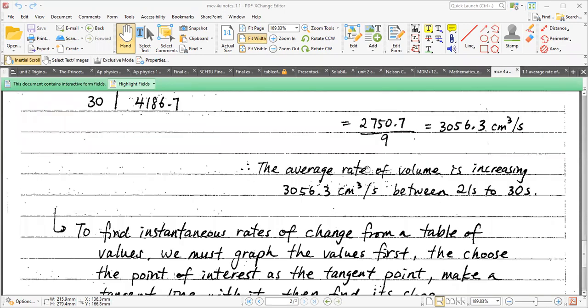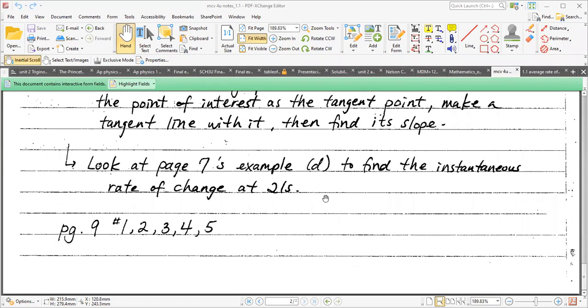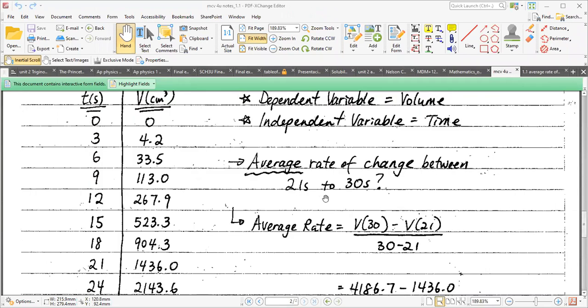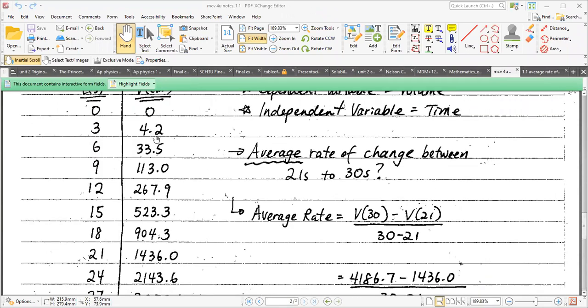Okay, now let's say it asks to find the instantaneous rate of change at 3. Or maybe I do it at 6. Find the instantaneous rate of change at 6. Okay, I can use the mean value theorem.